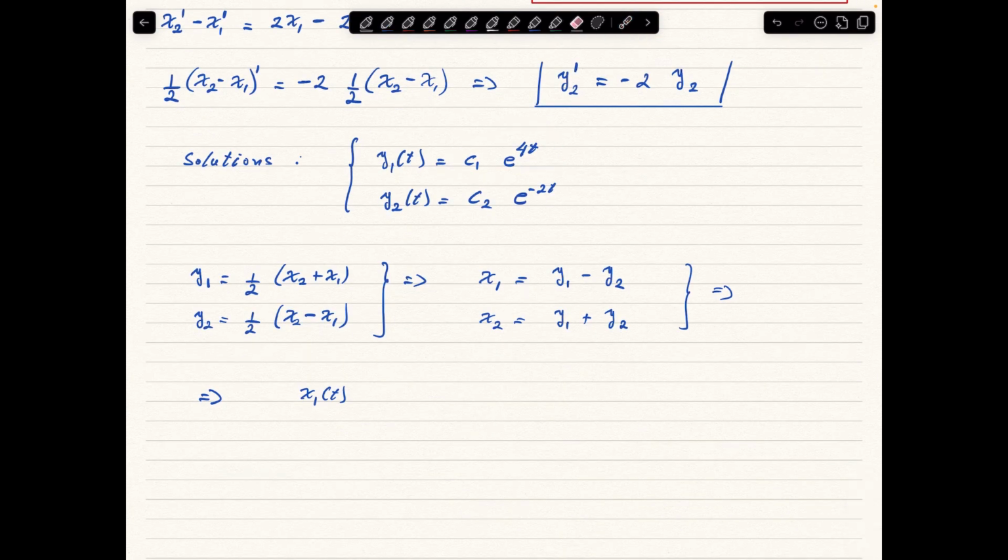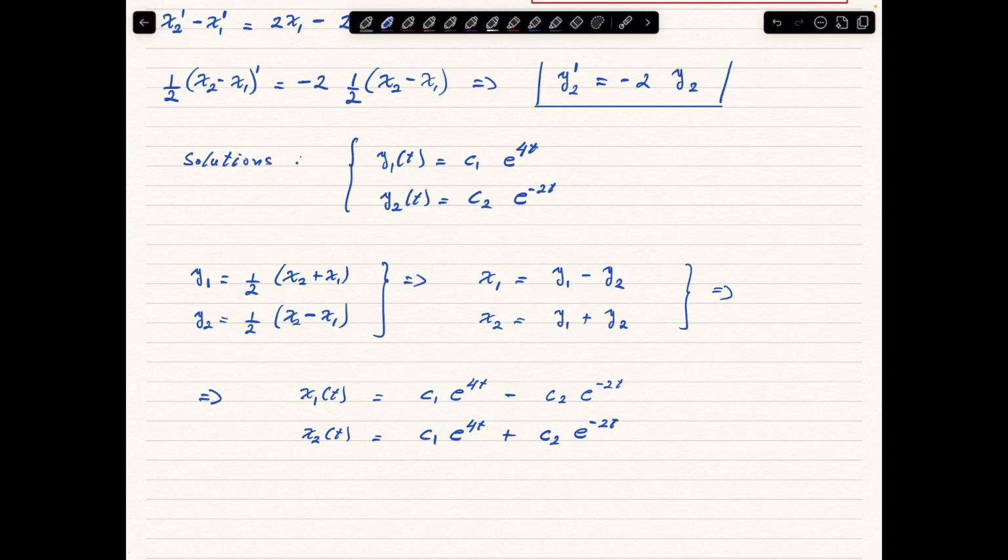So it is c1 exponential 4t minus c2 exponential -2t. And for the other function, x2, the solution is c1 exponential 4t, this time plus c2 exponential -2t.